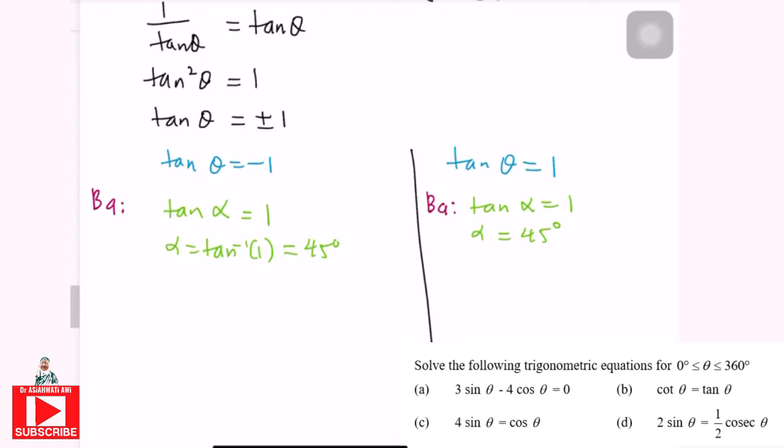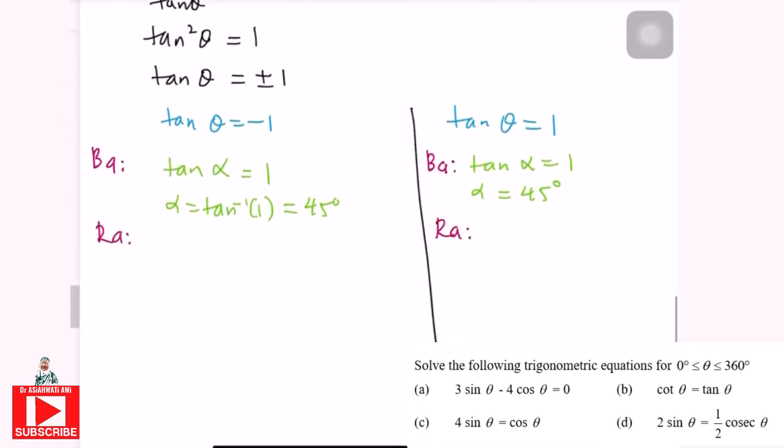So the next step is the range. Given the range, theta lies between 0 to 360. Okay, for this part also, theta lies between 0 to 360.